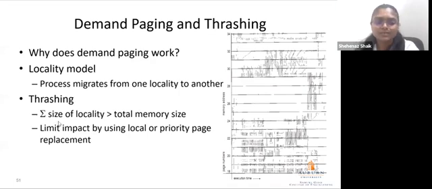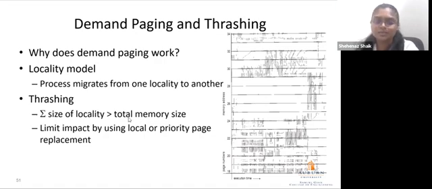For that reason, we want to ensure that the sum of the localities of all the active processes is less than the overall memory size, or in other words, we should be able to accommodate the locality of all the active processes in main memory.